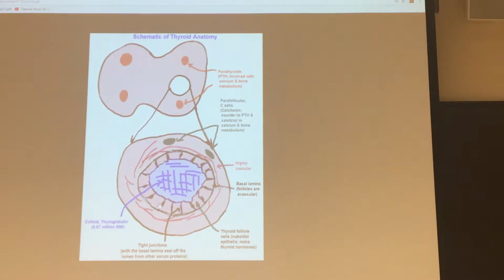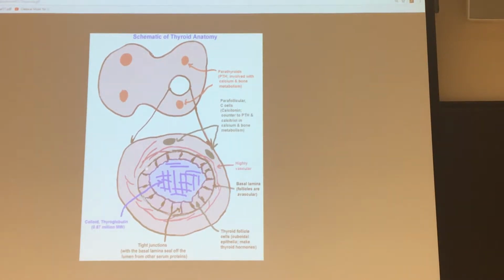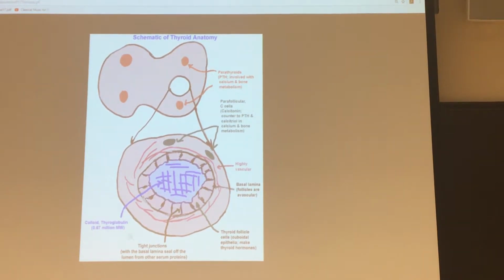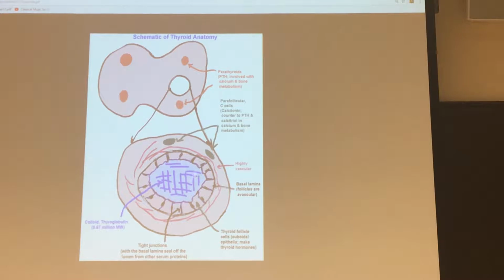And then you've got the colloidal space and these epithelial cells that surround the colloidal space and are found within the basal lamina of the thyroid follicles. The one thing I also wanted to point out here, which I've shown in this diagram but not on that other depiction, is that these cells are also sealed together one to another with tight junctions.